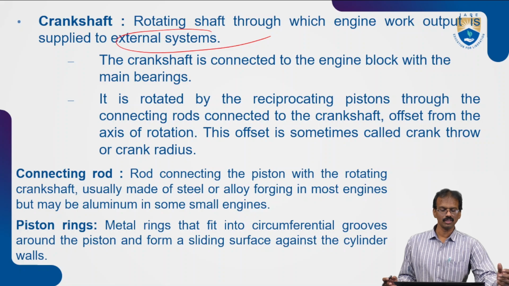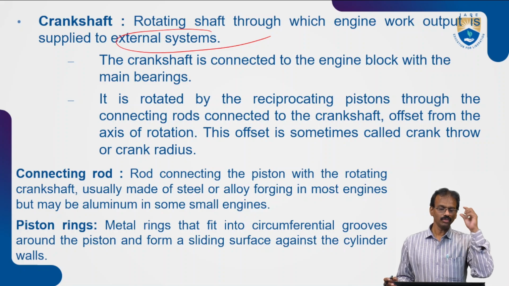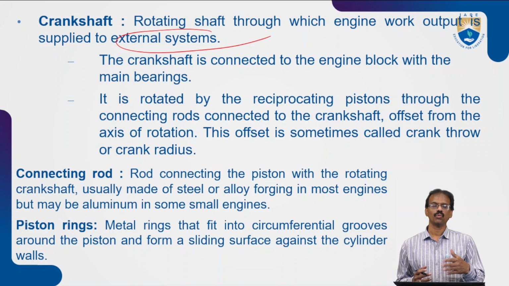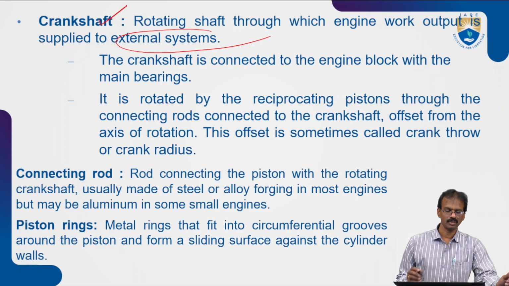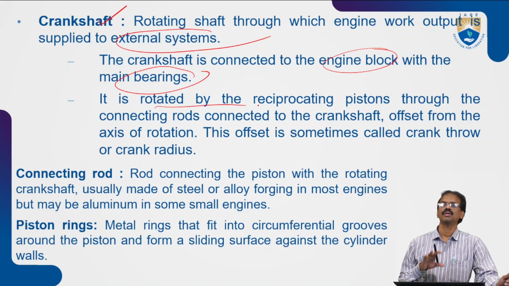That motor is connected to the shaft, and when the shaft rotates, the motor is automatically rotated too. So the reciprocating motion of the piston is converted into rotary motion of the shaft. That is the main function. The crankshaft is connected to the engine block with the main bearings. It is rotated with the help of the reciprocating piston.